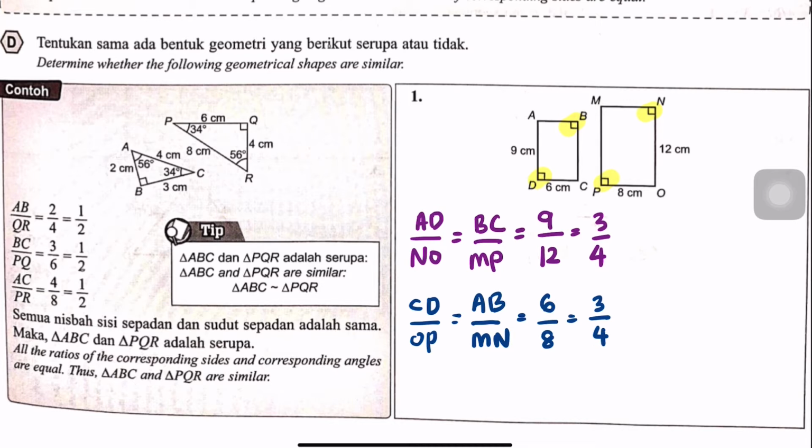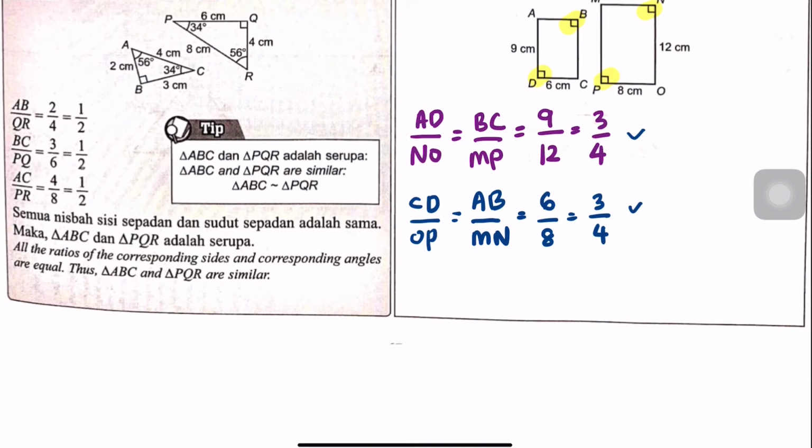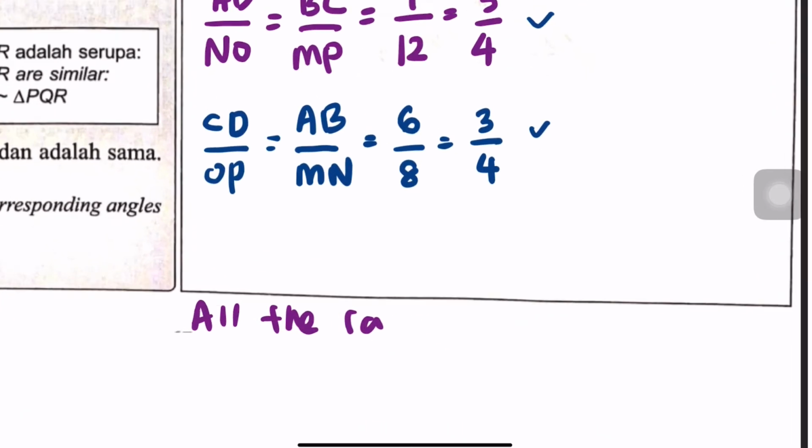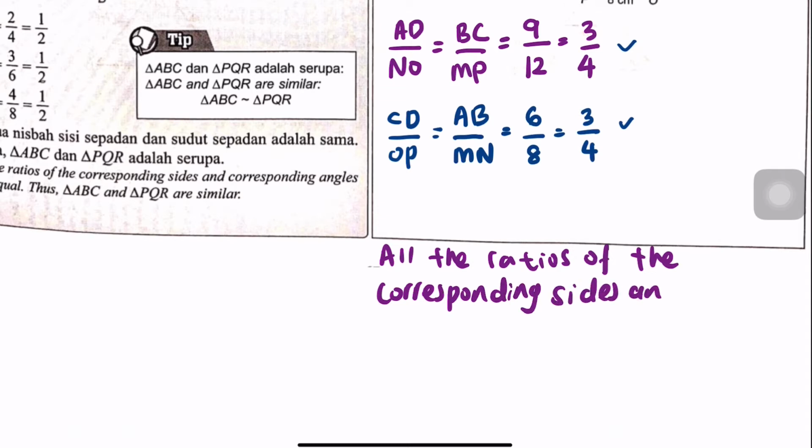We can see that both the ratios are the same. So what can we conclude for this question? All the ratios of the corresponding sides and corresponding angles are equal.